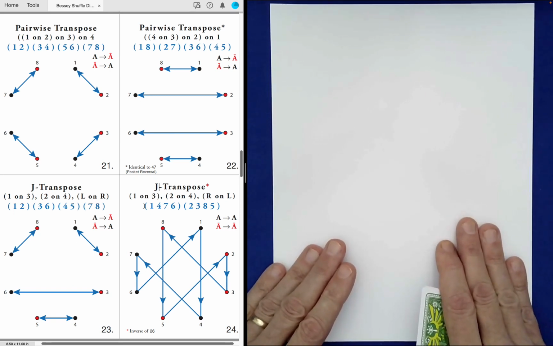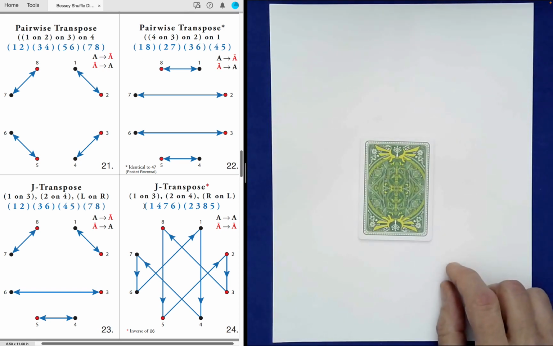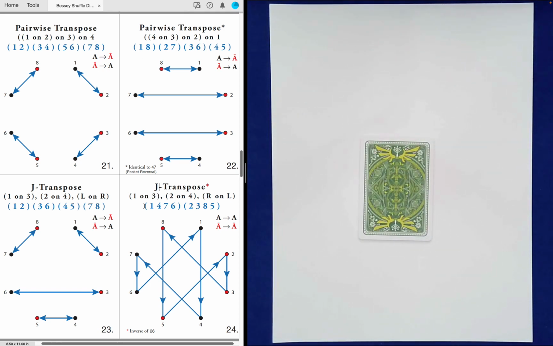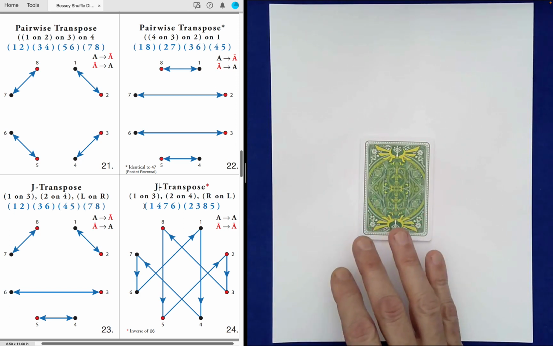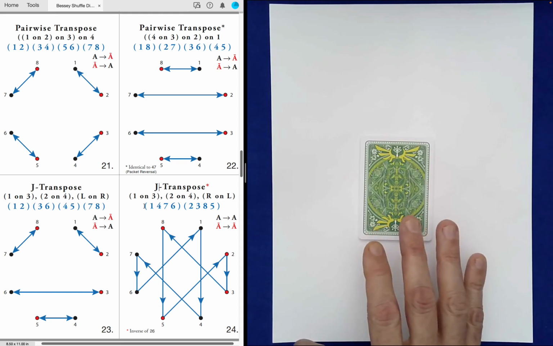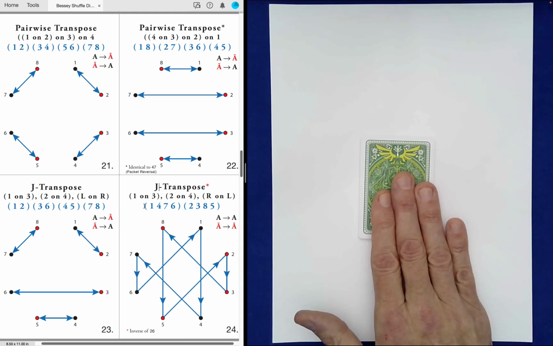Once it's a Bessey sequence, it's going to be protected against the effects of all of the shuffles that I will be showing you in this series, and in particular the 4 shuffles we've introduced today. What do we mean by protected? We mean that this packet will either be returned to its original color organization as a Bessey sequence, or its inversion, where the red cards switch places with the black cards in some fashion.